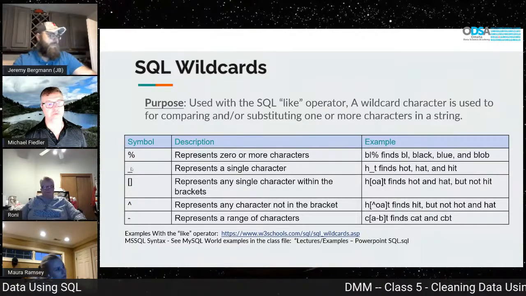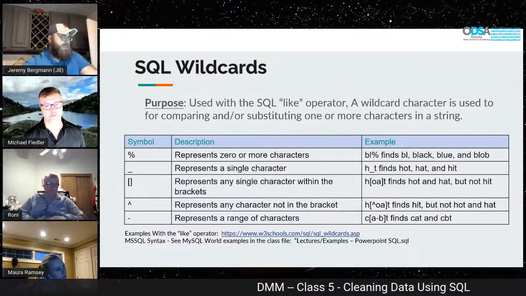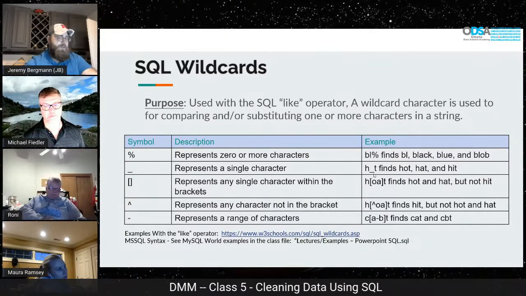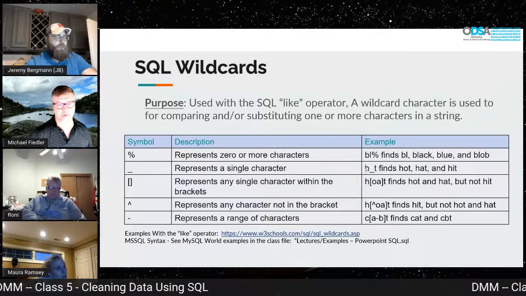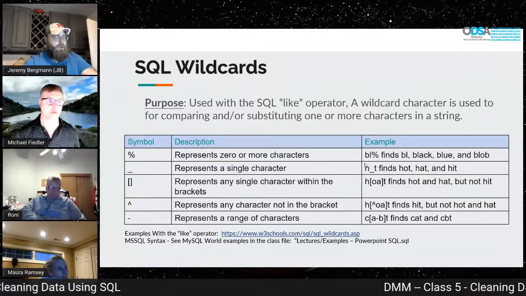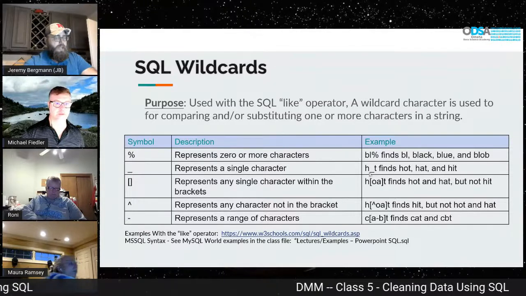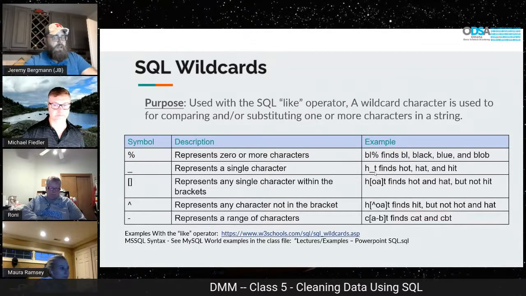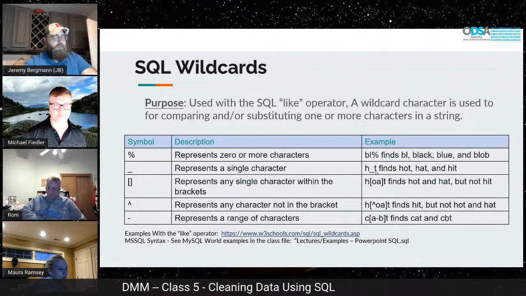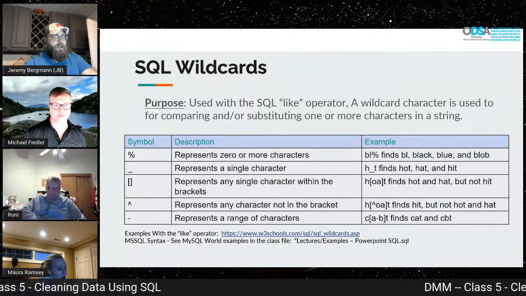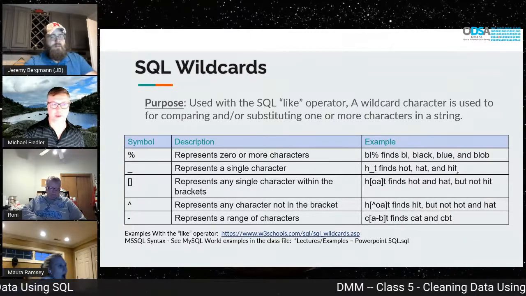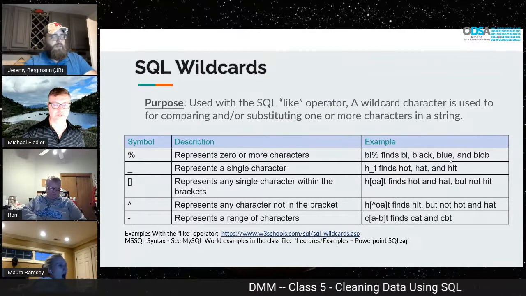We sometimes use an underscore character to represent a single character. The underscore could be anything. So the first character is an H, the second character could be anything, and the third character is a T. So it looks for hot, hat, and hit. Sorry to take you back one, Jeremy, but you could do new%city.